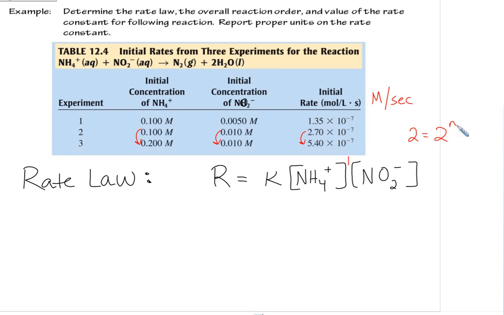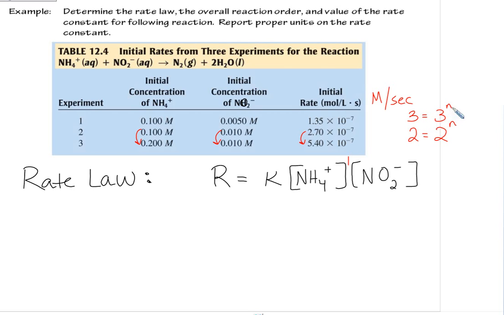Well, then that power needs to be a 1. But I just remember it conceptually. If you double the concentration and you double the rate, it's first order. If you triple the concentration and you triple the rate, it's first order. You'd have something that looks like 3 equals 3 to the nth power. N equals 1.